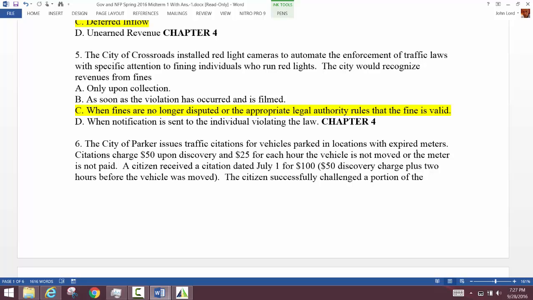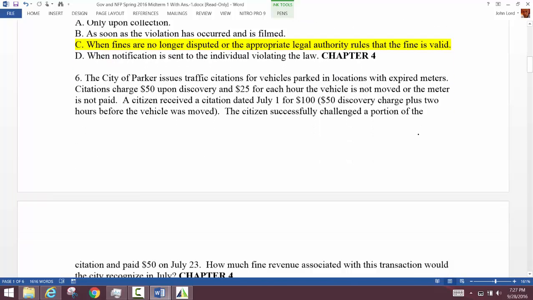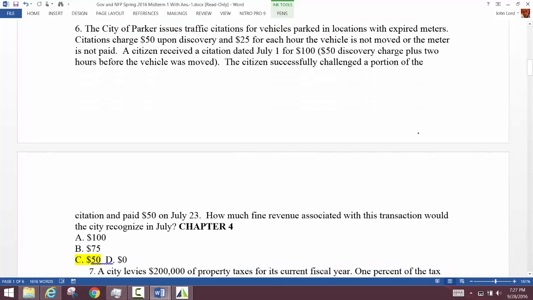Okay, good. Number 6, the city of Parker issued traffic citations for vehicles parked in locations with expired meters. Citation charges $50 upon discovery, and then $25 for each hour after the vehicle is not moved or the meter is not paid.